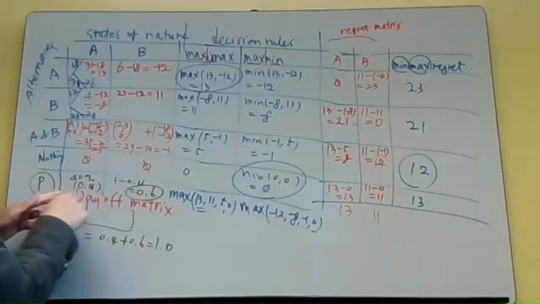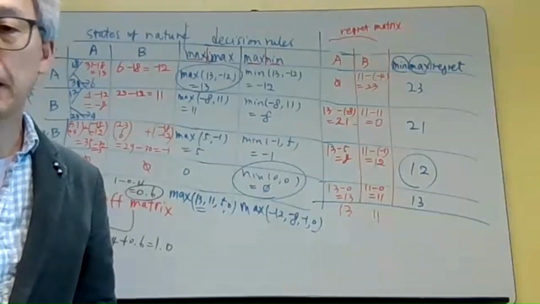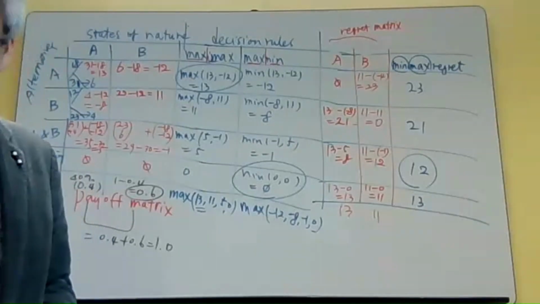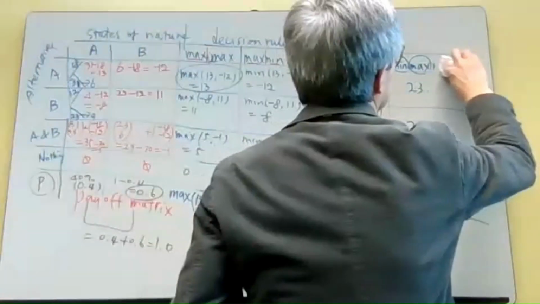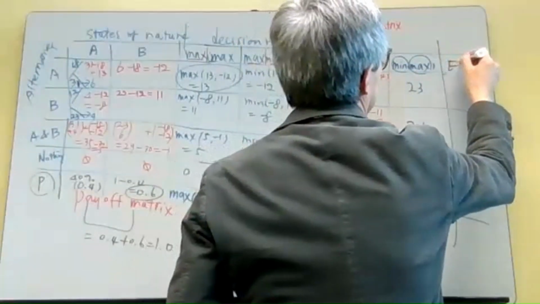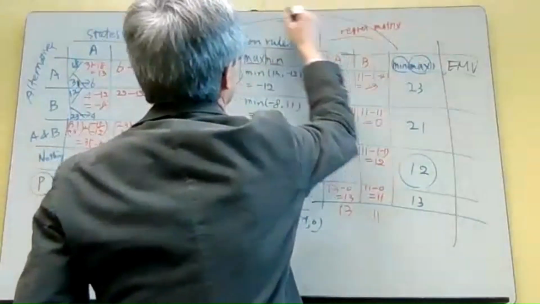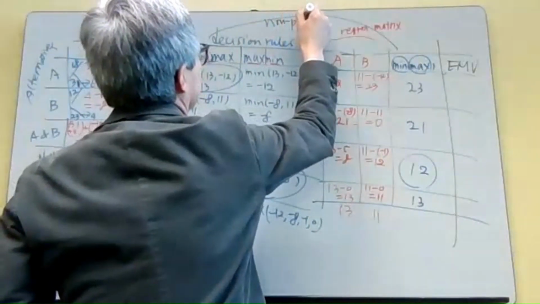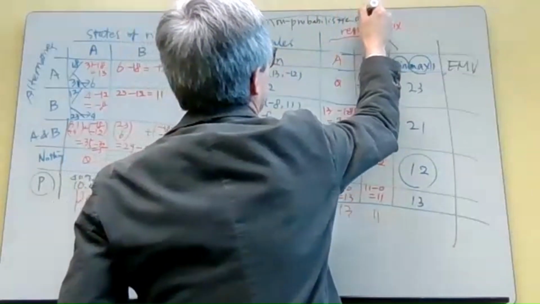Now, based on these probabilities, we may calculate expected monetary value. Okay, so let's make a new table here for expected monetary value. These were the non-probabilistic approaches.